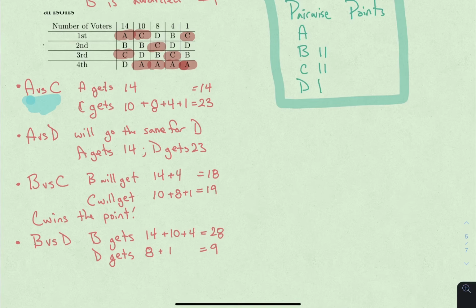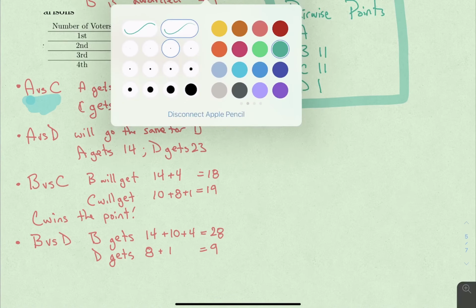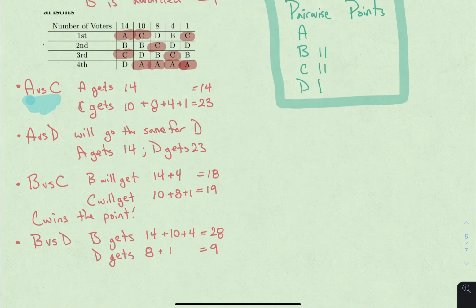Okay, so there's just one more matchup. It's between C and D. And if C wins, well, they will win the whole game. But if D wins, we're going to have a tie situation. So let's check out what happens. C versus D. And let's clear this out one more time.